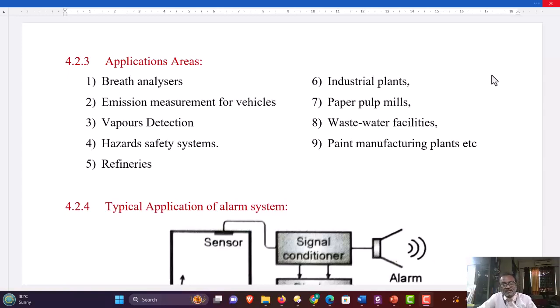They can be used in refineries and industrial plants, and are commonly used in paper and pulp industries for safety protections. Wastewater facilities can also utilize gas sensors. Paint manufacturing plants also find the application of gas sensors in safety systems.